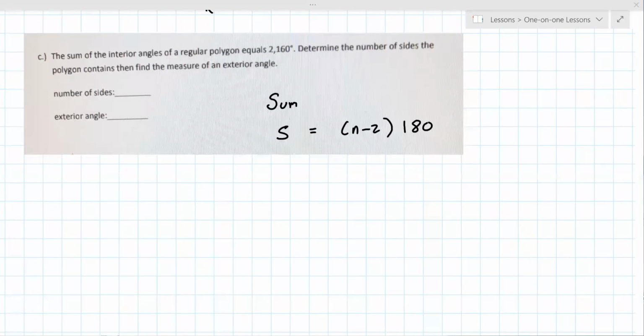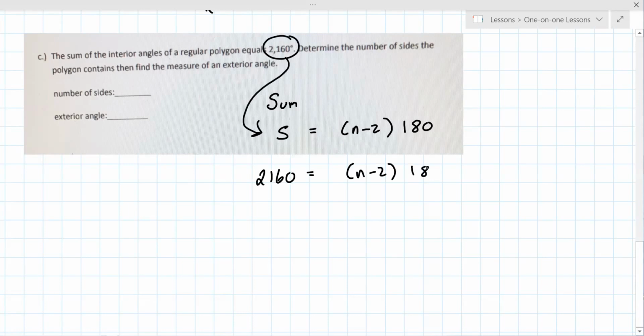Yes. Okay. That's what they're giving you here. That's what this 2160 is. So you're setting 2160 equal to n minus 2 times 180. You're definitely allowed to use a calculator here. I want you to divide 2160 by 180. Well, I assume you are, but you would know for sure.